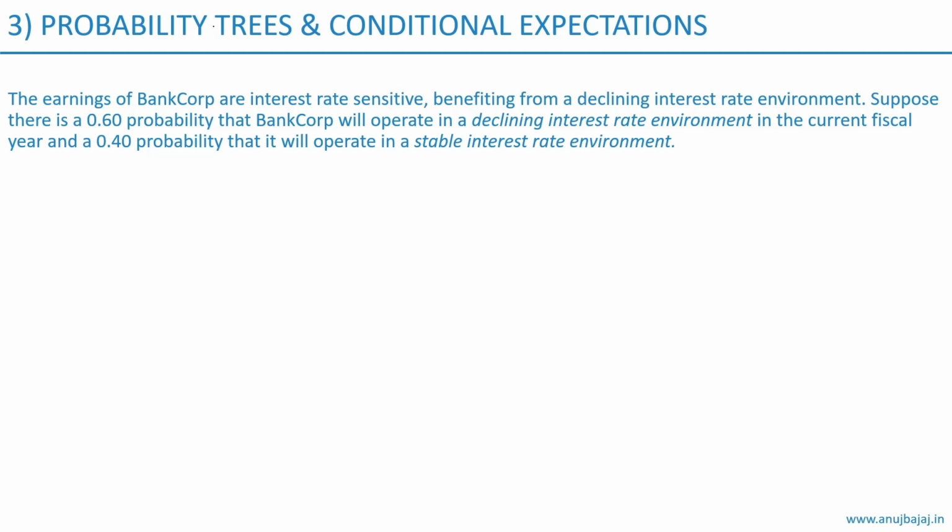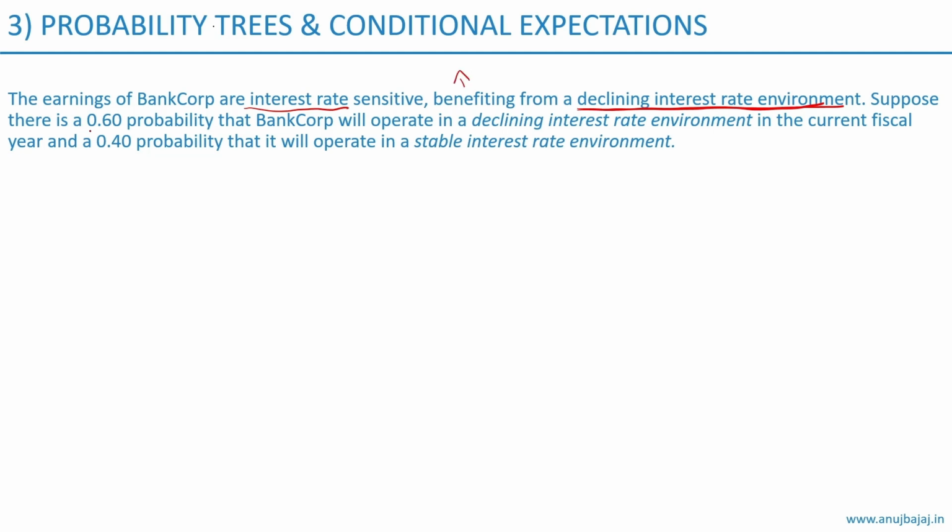The earnings of Bank Corp are interest rate sensitive, benefiting from a declining interest rate environment, meaning that the earnings are influenced by the interest rates. If there is a declining interest rate environment, the earnings per share increases.